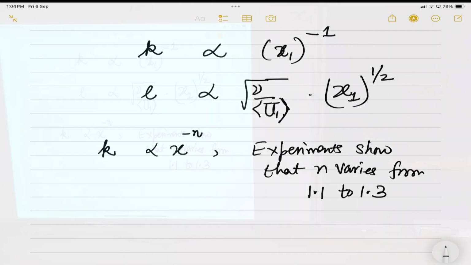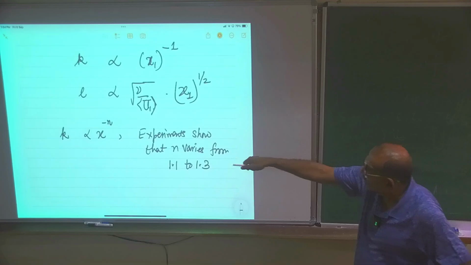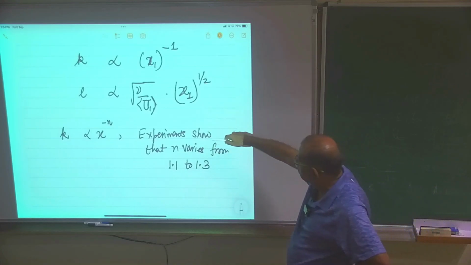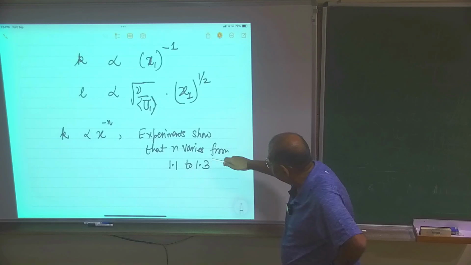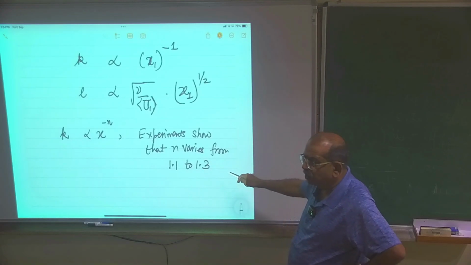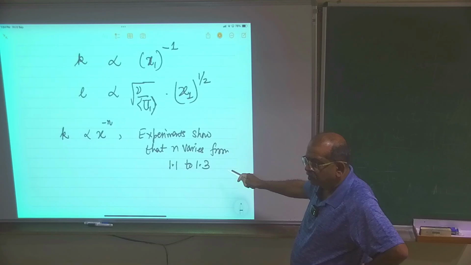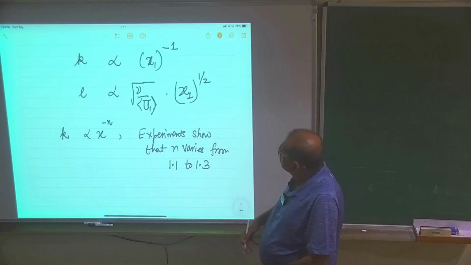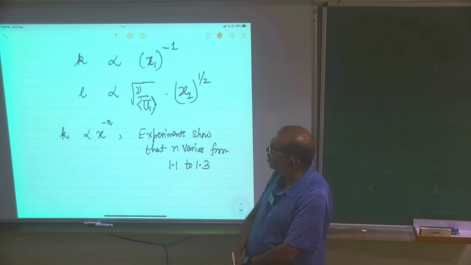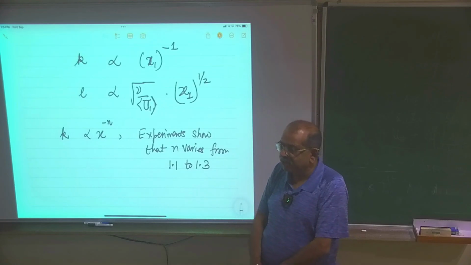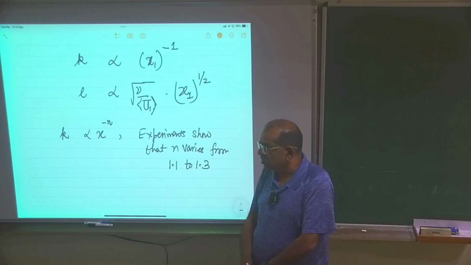We got this number as 1. So now I leave it for you to figure out how epsilon will go like x. I'm sure you can all work it out from this. How does dissipation change with x?